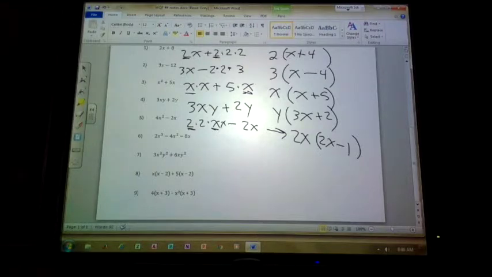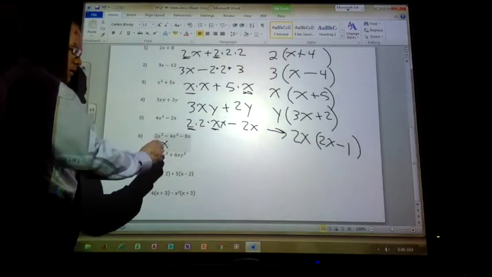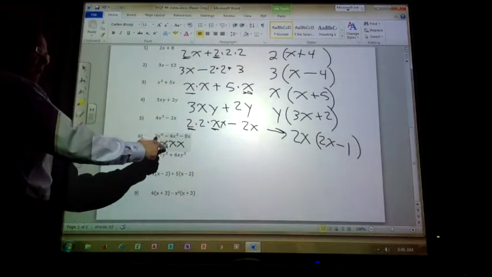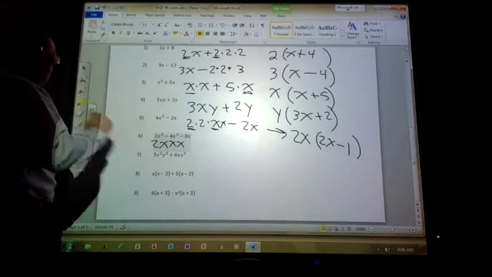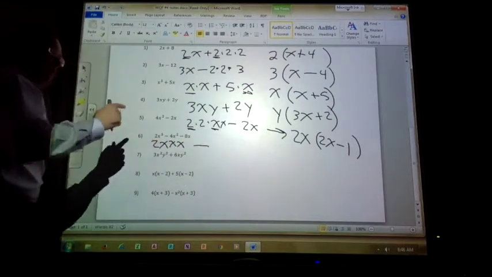Celine, now we have 3 things. Can you break 2x to the third down in its most basic form? So 2xxx, is that 2x to the third? What about, and it's going to be minus, what about 4x squared?